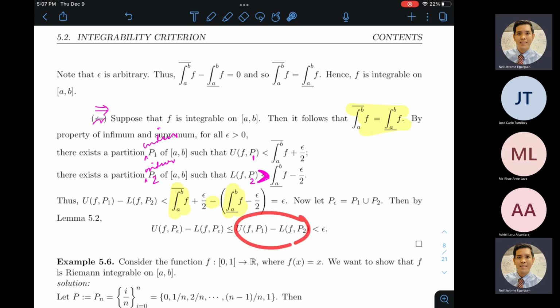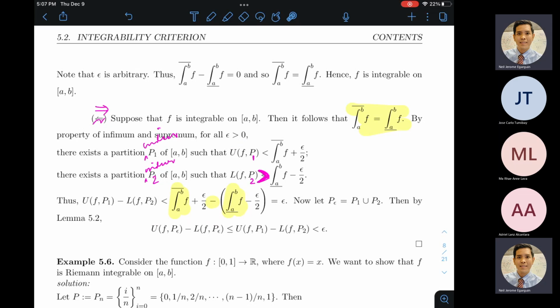But again, we knew that this is less than epsilon, so we are forced to accept that this is also less than epsilon. Okay, which ends the proof. Given tayo ng epsilon greater than 0, nakahanap tayo ng isang partition, namely P1 union P2, such that this is less than epsilon. End of proof.